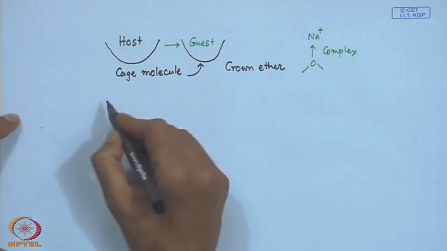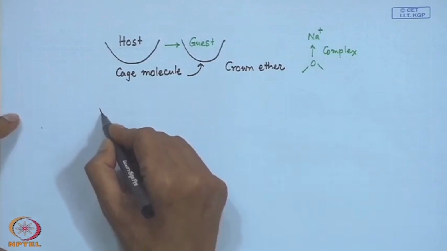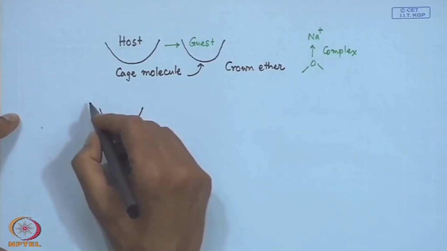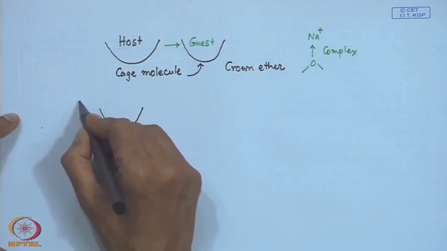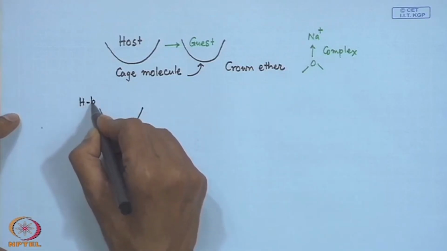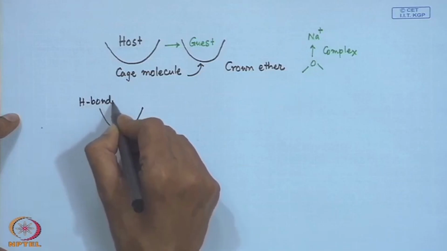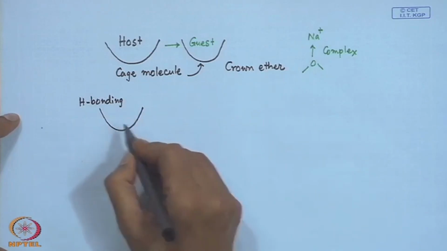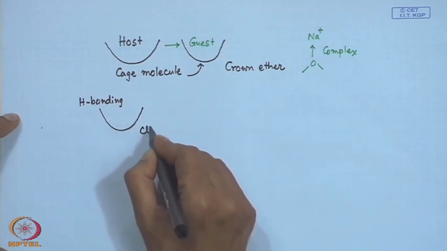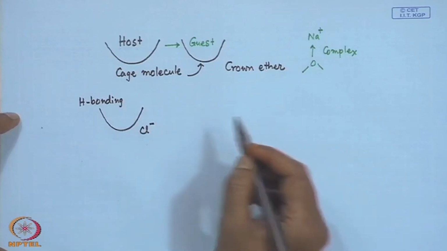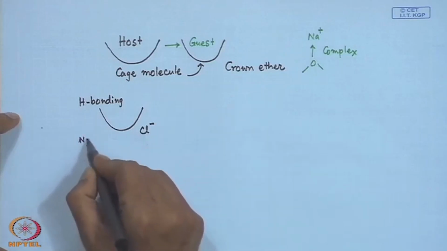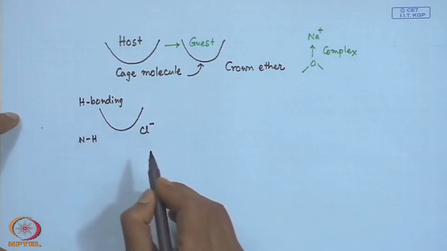Similarly, we can have anion binding. So, there can be some species where we have some hydrogen bonding donors. So, hydrogen bonding can play an important role for some anion, say Cl minus. So, hydrogen bonding can be used for some NH groups.